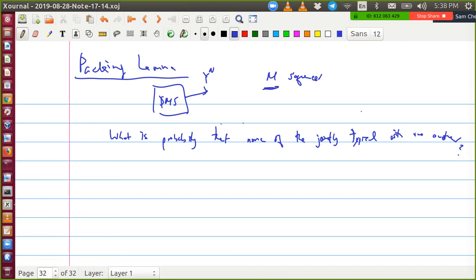But let's go through that more clearly. Let's consider this question. Actually this question is more or less how many we can pack, right?